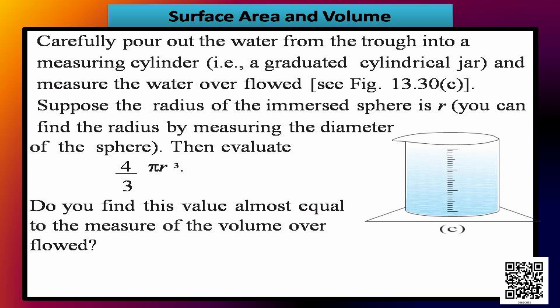You can see figure 13.30c. Suppose the radius of the immersed sphere is r, and you can find the radius by measuring the diameter of the sphere. Then evaluate 4 by 3 pi r cube. What do you find? You will find this value almost equal to the measure of the volume overflow.